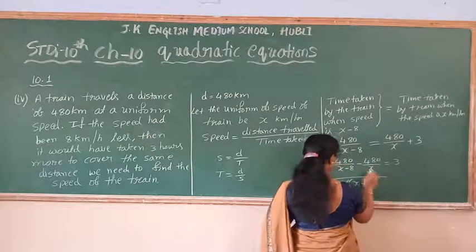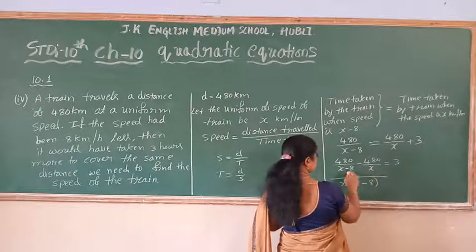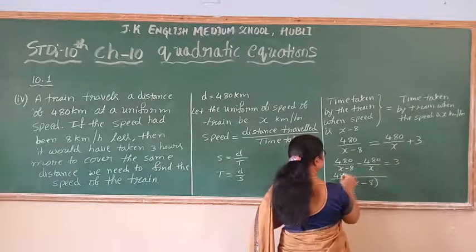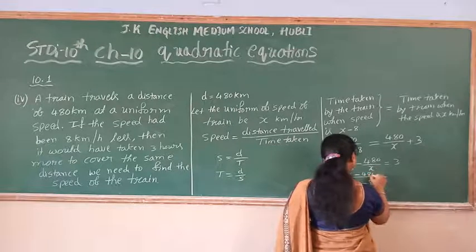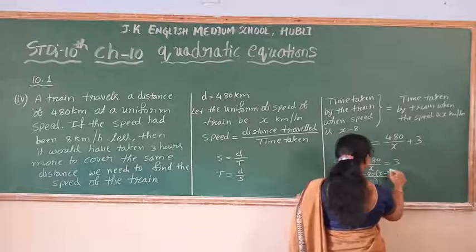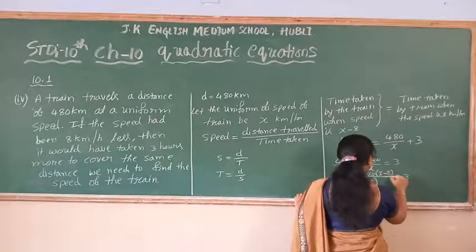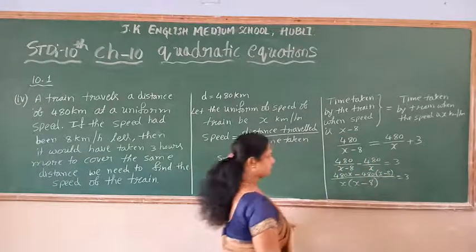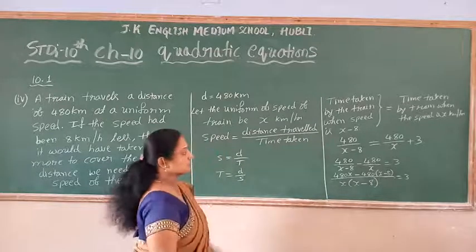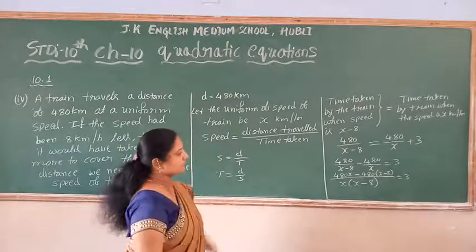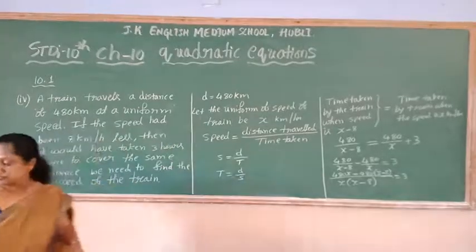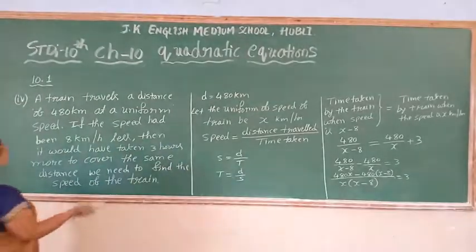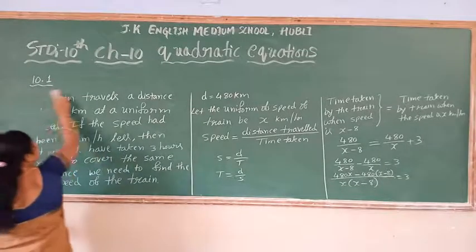Then it becomes 480x minus 480 into x minus 8, over x into x minus 8, is equal to 3. In this manner we have to write the equation and simplify. After simplification I am going to get the standard form of a quadratic equation.